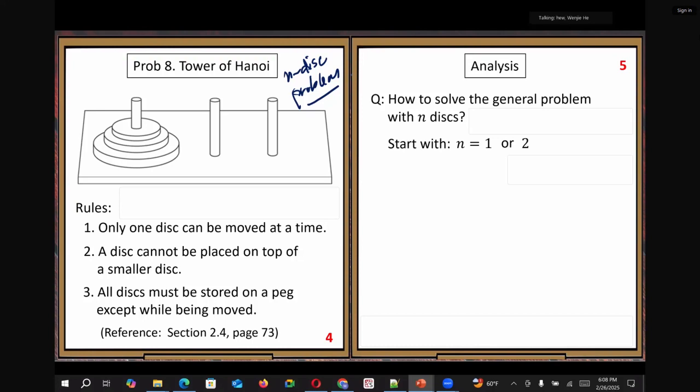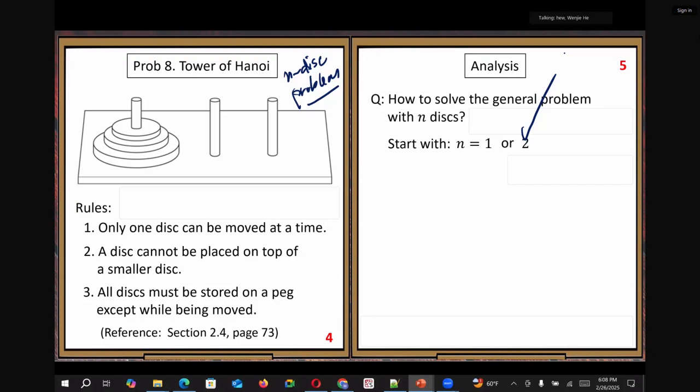But when you solve the problem with 3 disks, can you assume the solution for the problem with 2 disks is available? Can you assume that? Because we did it, right? So we do not have a problem assuming that. When we work on the problem with 100 disks, it's hard to assume the problem of 99 is available, too hard to jump that big.